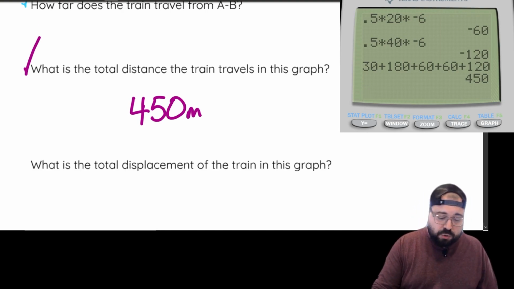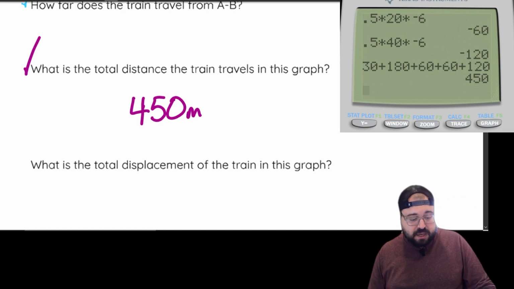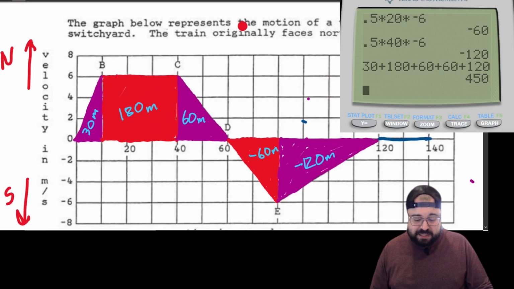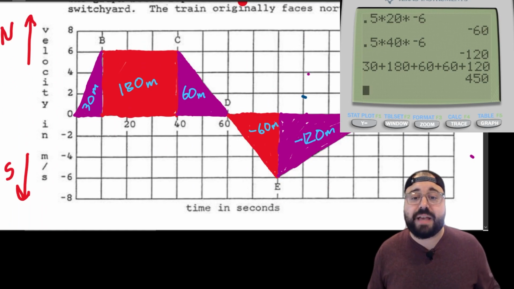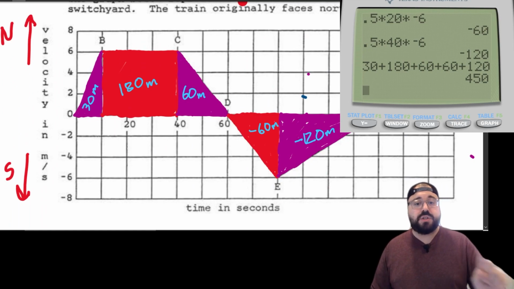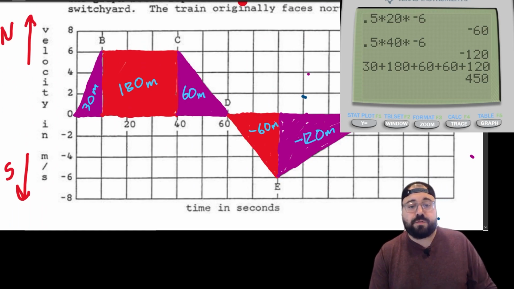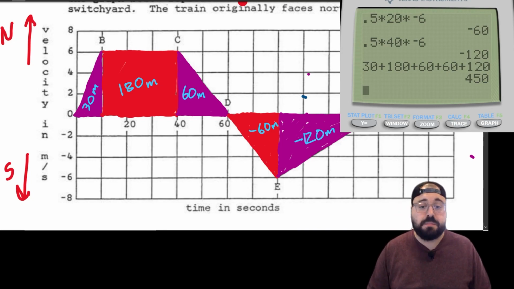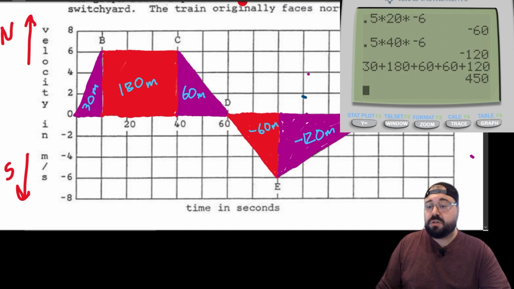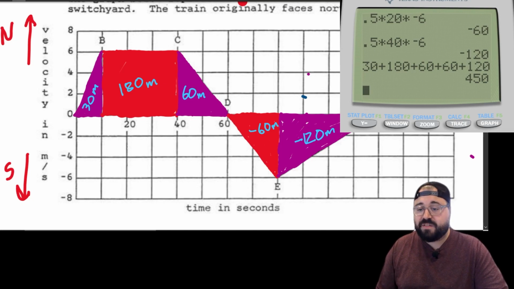But what was the total displacement? So this one is a little different. Displacement, we do care about that direction. So we're gonna make sure from D to F, the places where this object was moving backwards, that we do take that into account. So all we've got to do now is just keep our negatives, 30 plus 180 plus 60, right?